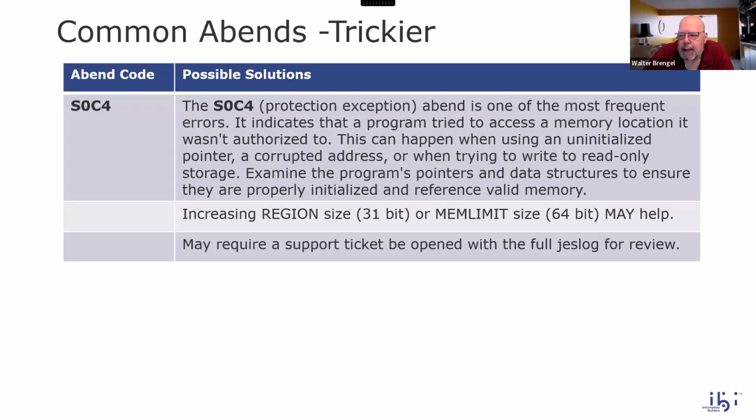MEMLIMIT, again, is for 64-bit. So if you're in 7709 or higher, you would want to make sure you have a MEMLIMIT. As a recommended setting, try 10 gig or 12 gig first and see if it happens to help. I have "may help"; "may" is in capitals because it probably won't.